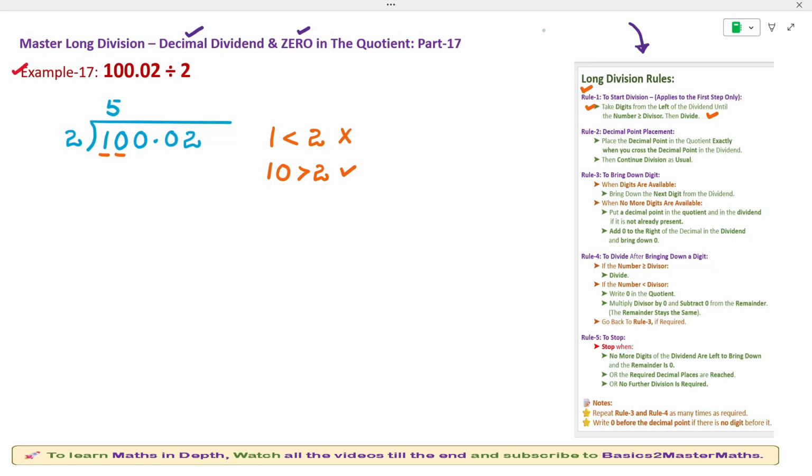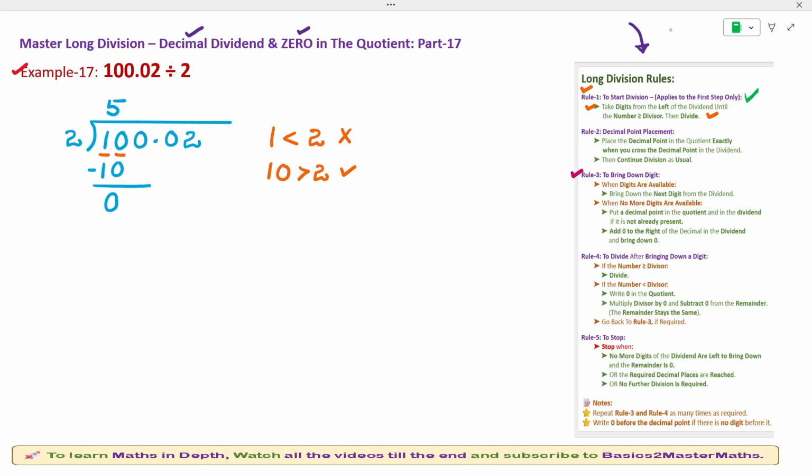2 5s are 10. So, you will get 0 as the remainder. Now, rule 1 is complete. As of now, we can skip rule 2 because we have not reached the decimal point in the dividend.